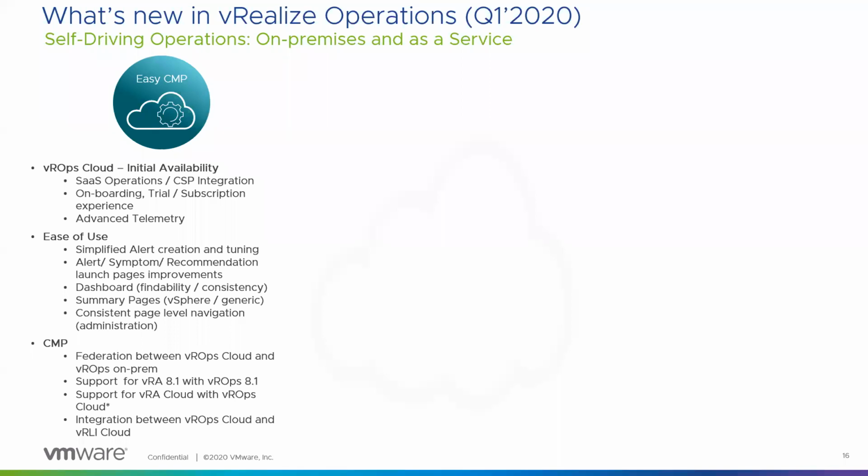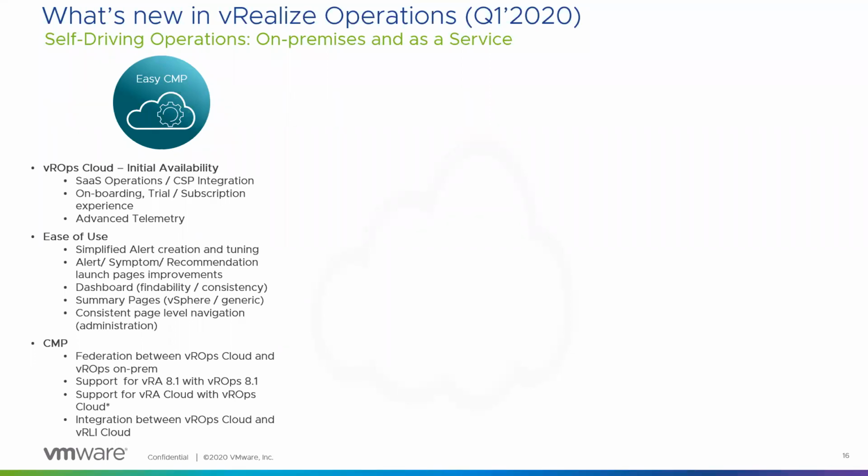Apart from that, because now we are part of the CSP, the federation between the vROPs cloud and vROPs on-prem is available, as well as now vROPs 8.1 supports vRA 8.1. These are more of the integrations, where most of the customers actually use both automation and operations together.